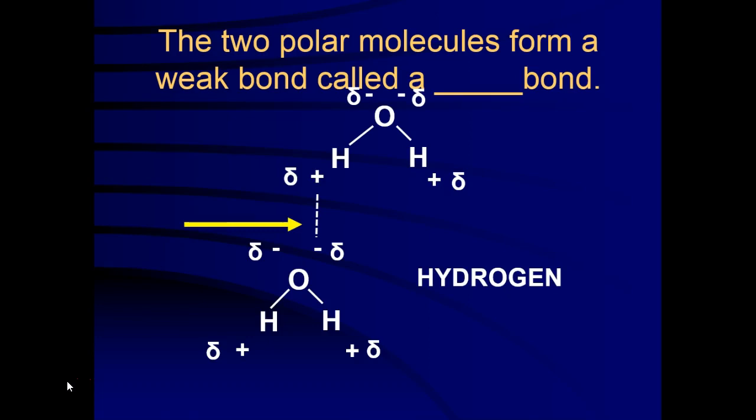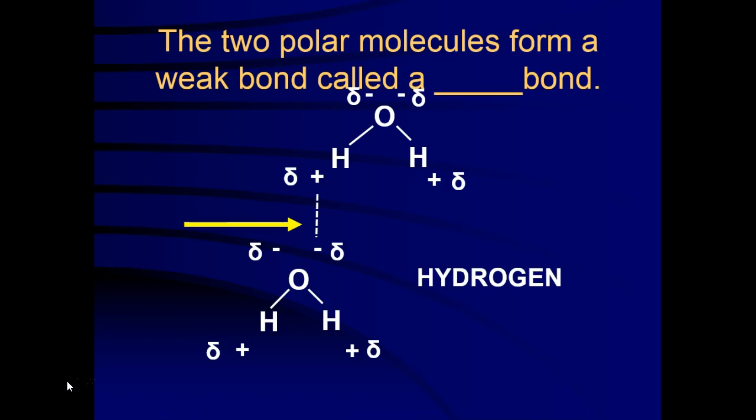Now, we saw that an ionic bond is held together by a full positive and a full negative. If you're just bonded by a partial positive and a partial negative, that bond is going to be much weaker. And compared to a covalent bond where you're sharing electrons, it's going to be weaker still.